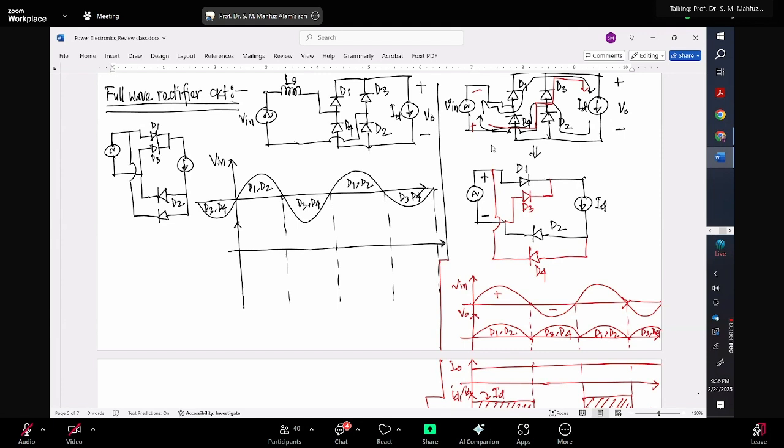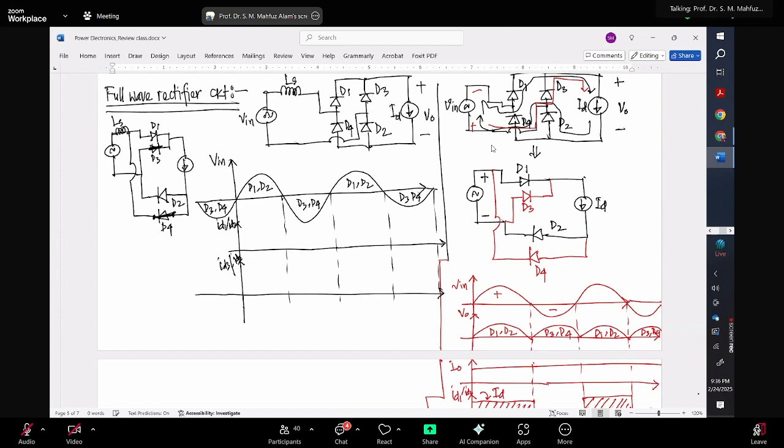Okay. So during the negative half cycle, what is happening here? This D3 and D4 was short circuited, and we don't forget to introduce an inductance here. So D3 and D4 were operating during the negative half cycle. So we will think that if I draw ID1 and ID2 here, and then again we draw ID3 and ID4 here.